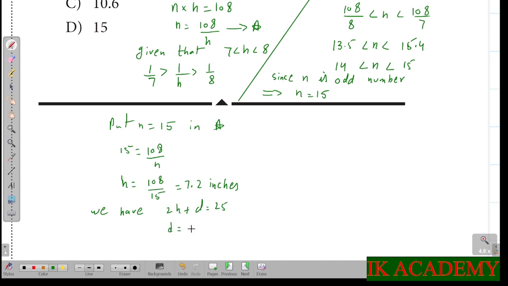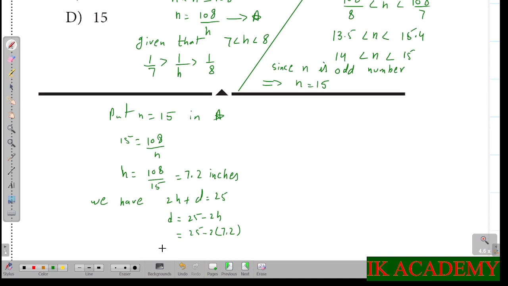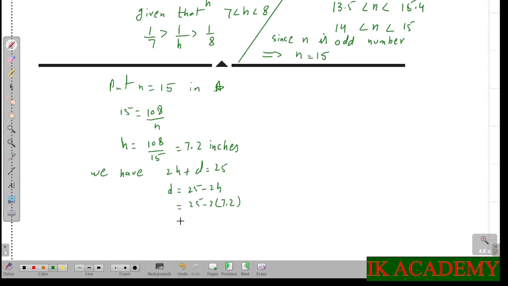So d is equal to 25 minus 2h. By substituting h is equal to 7.2, we get 25 minus 2 into 7.2, and 2 into 7.2 is 14.4, so 25 minus 14.4 is equal to 10.6 inches. So the depth of the stairs would be 10.6 inches deep.